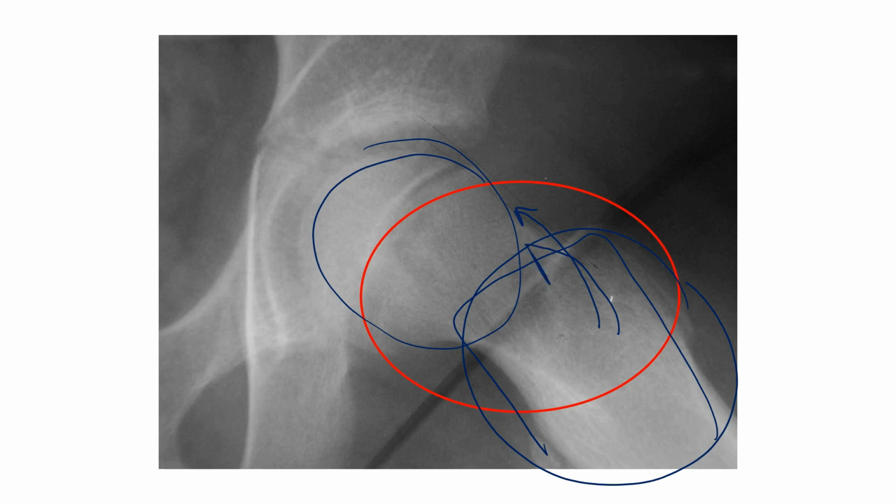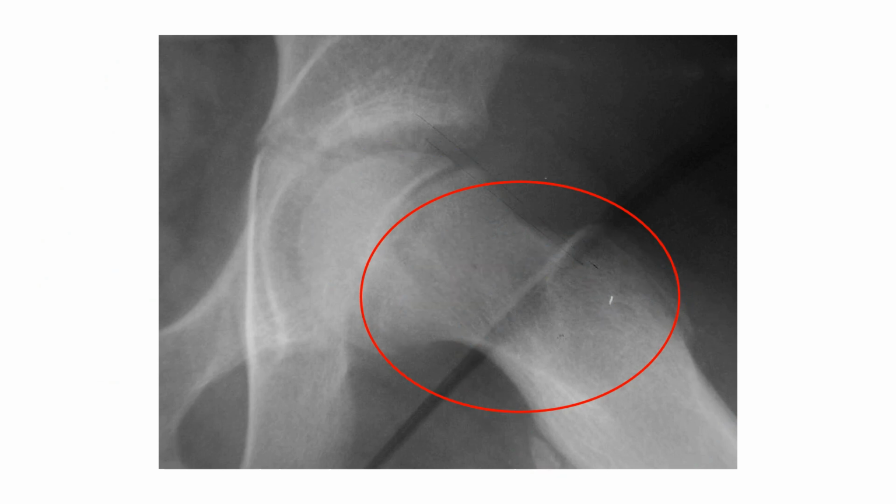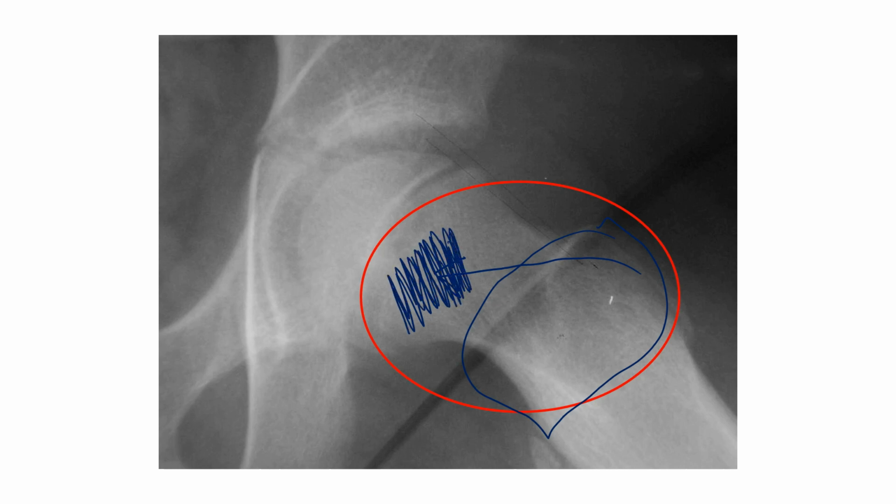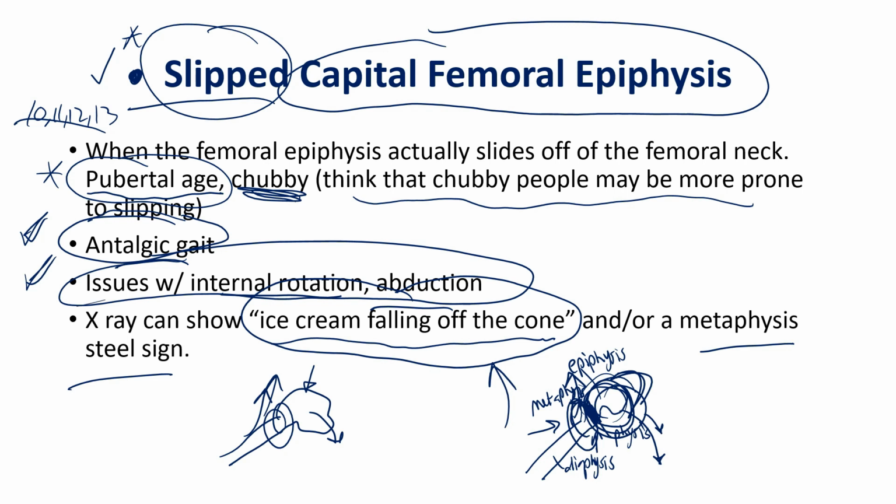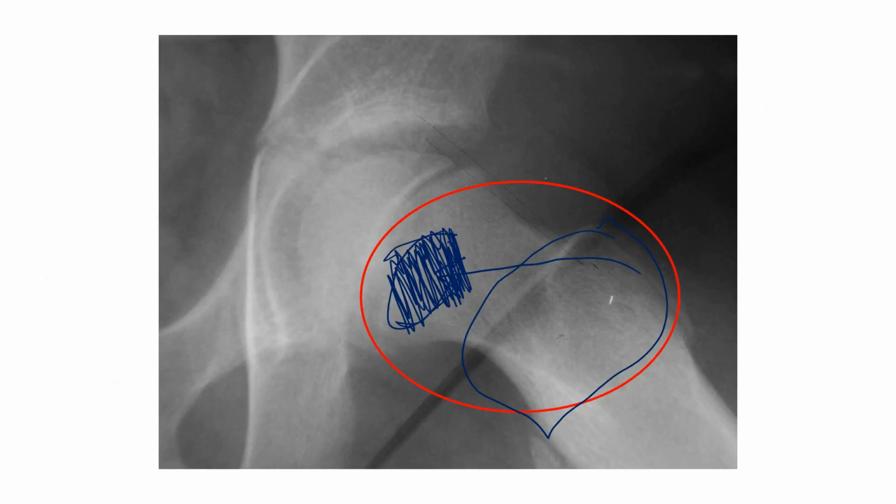So here's the femoral head. This whole shaft piece can sometimes go behind, and you'll have an area that looks almost like a crescent. It'll be a little darker white than normal. That's called a metaphyseal steel sign, and all that's hinting towards is that some part of this shaft piece has gone up behind the femoral head, and so you'll see a crescent-shaped area of darker opacity on an X-ray. That's called the metaphyseal steel sign.